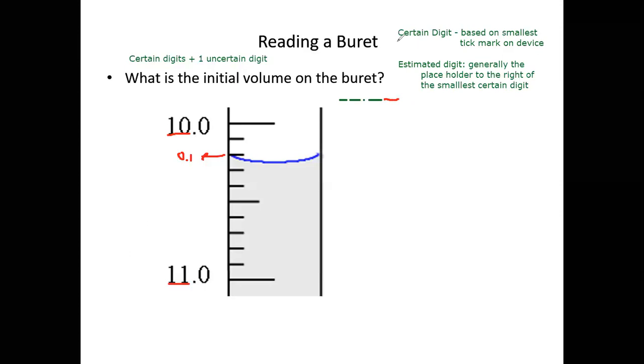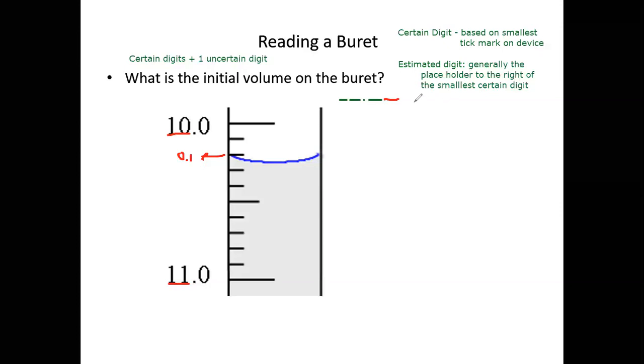So the certain digits should always be the same, but the estimated digit may be different between different people because it's based on the observer. So it's wherever the observer estimates that digit. So the estimated digit can be different, certain digits are the same.